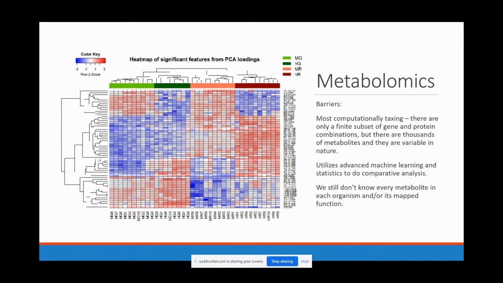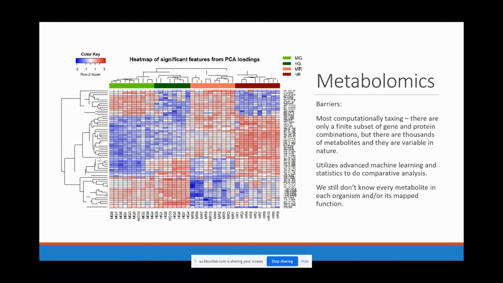Some of them might be very lipophilic. Some of them might be very hydrophilic. They're all very, very different. And that makes it very challenging to be able to analyze all of them at the same time. So because of this, we have to utilize a lot of machine learning and statistics to do comparative analysis.